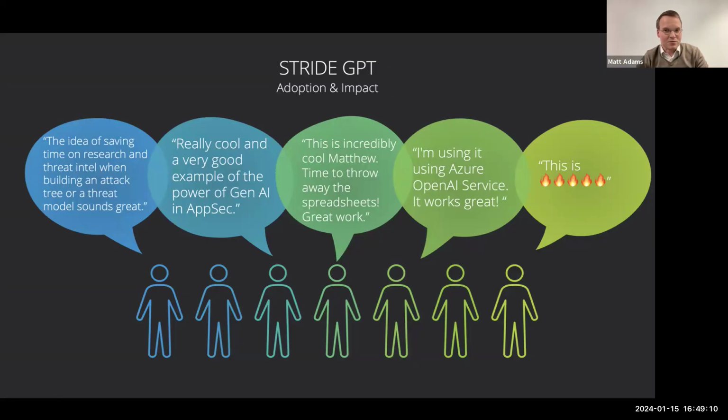Obviously, the feedback on the Azure OpenAI service working great is very encouraging, and the consistency with the original OpenAI API that I was using. And also that idea of saving time on research and threat intel. So this is using a generic model.